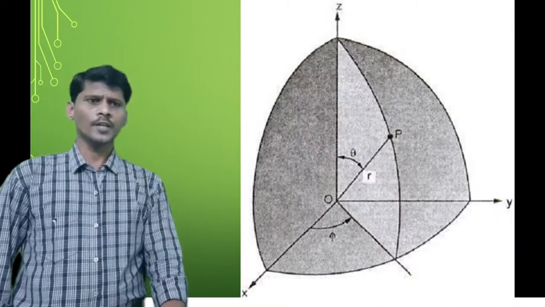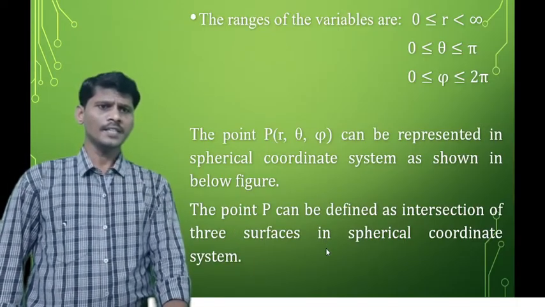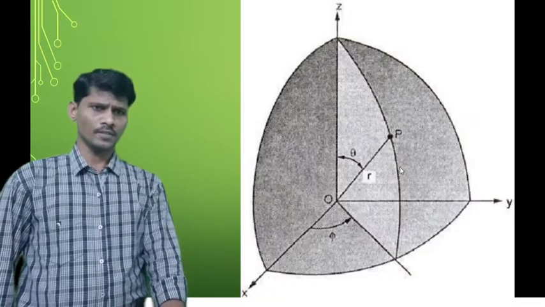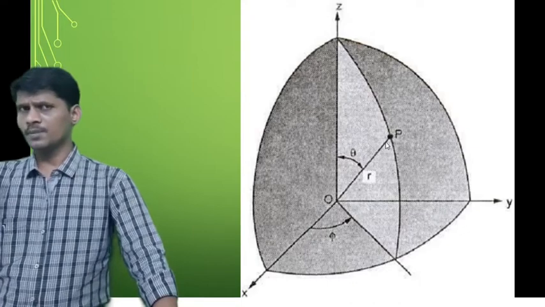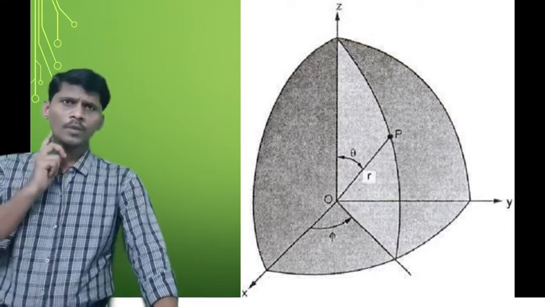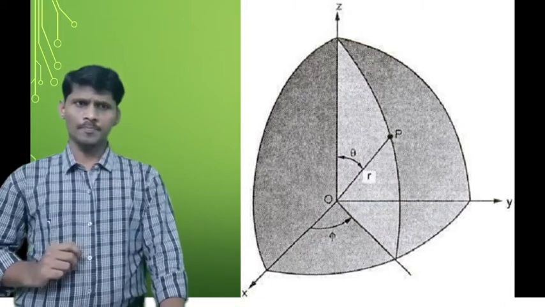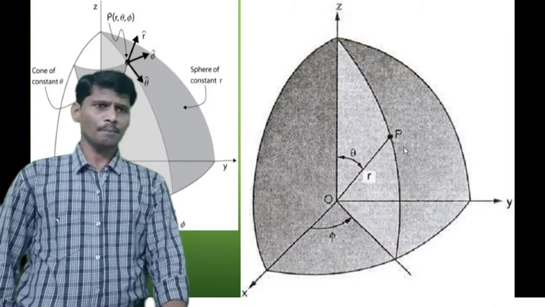Consider the point P in the plane. That point P is the intersection of three surfaces. What are the three surfaces? The sphere of radius r, the right circular cone, and the half plane perpendicular to the xy plane. So that point P is P of r comma theta comma phi.